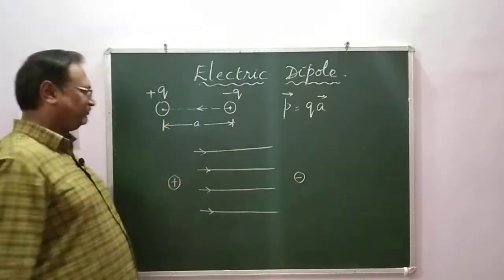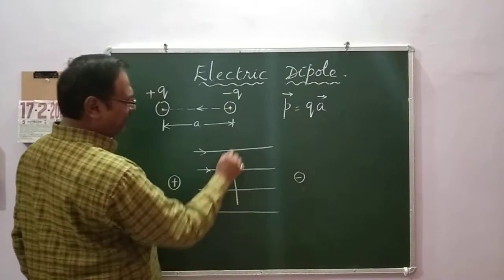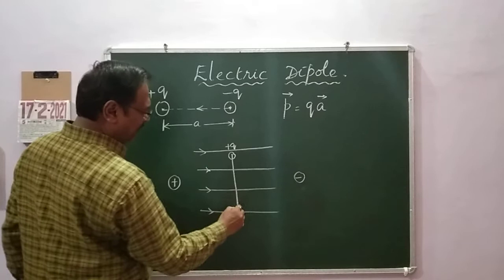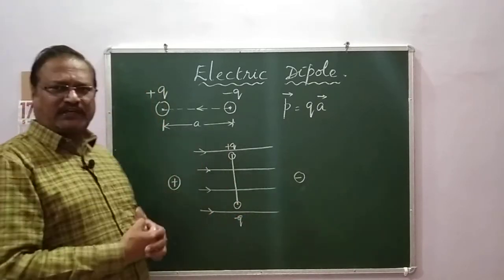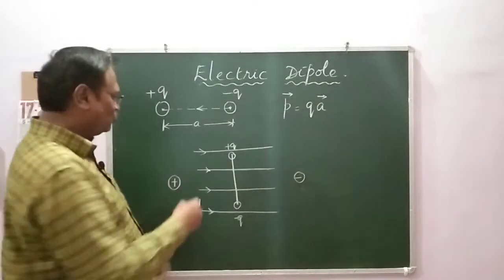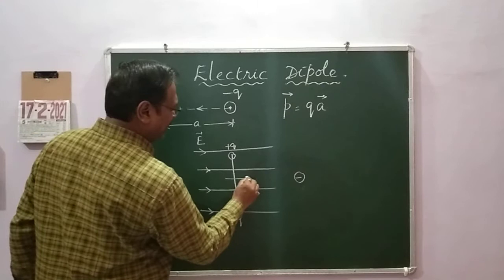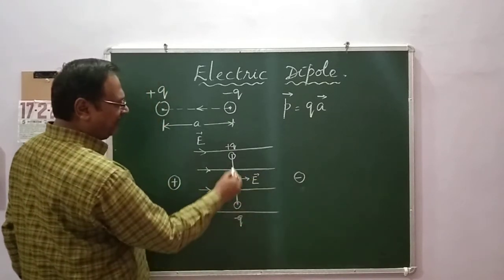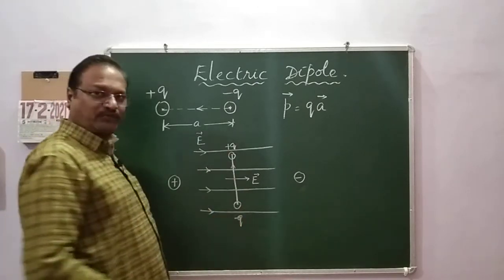We know that already. Now I place this dipole, watch carefully, with this the positive Q and this the negative Q, normal to the electric field. So the electric field is E vector, and the dipole moment is acting from negative to positive.